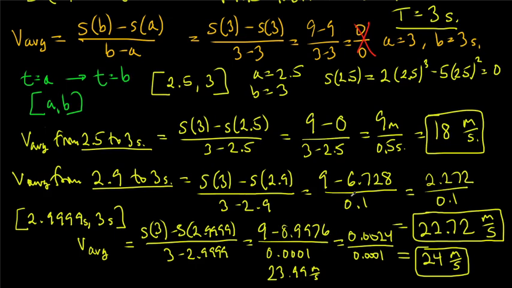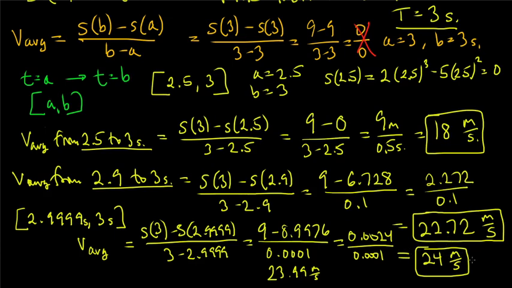So let's use the rounded value here. 24 meters per second is, again, the average velocity, but you can see it's going to be pretty close to the instantaneous velocity. And in fact, because I rounded, it turns out to be exactly the instantaneous velocity, but you know, we're just kind of guessing that at this point.